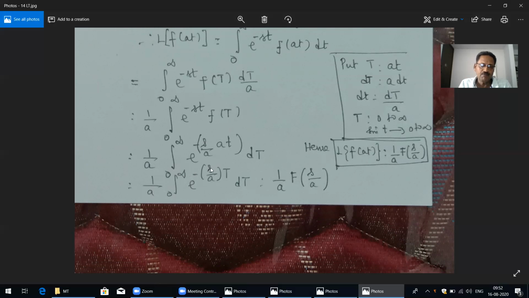So e power minus of s over a into T into dT. This is nothing but 1 over a, because instead of f of s, here we have s over a. So just replace f of s by f of s over a. So 1 over a into f of s over a. Hence the concept. You understand?